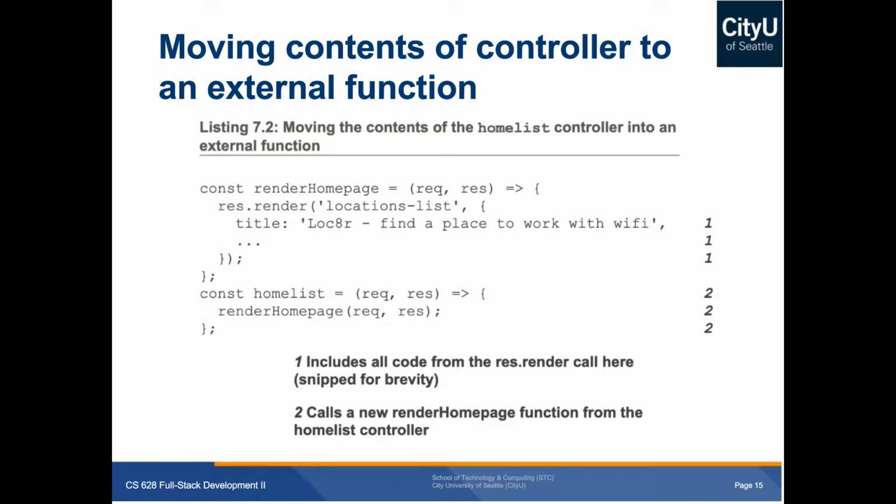In the home list controller, res.render will render the location-list pug template, with the title with the string value of Loc8r, find a place to work with Wi-Fi. And this homelist function renders the homepage.